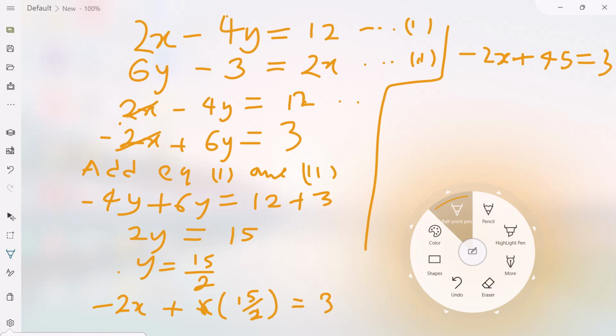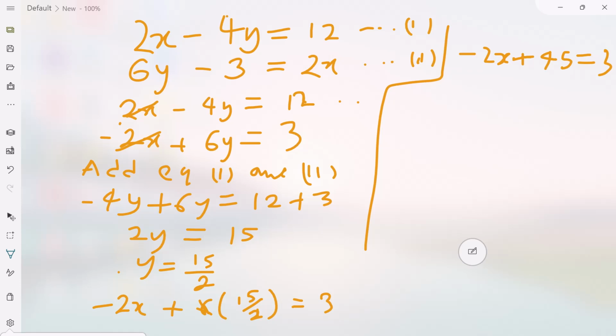Now we have minus 2x is equal to 3 minus 45. That will give me minus 2x is equal to minus 42. So I divide both sides by minus 2.